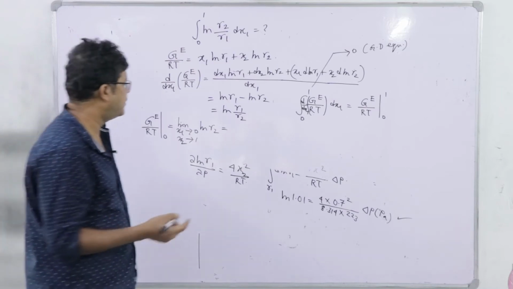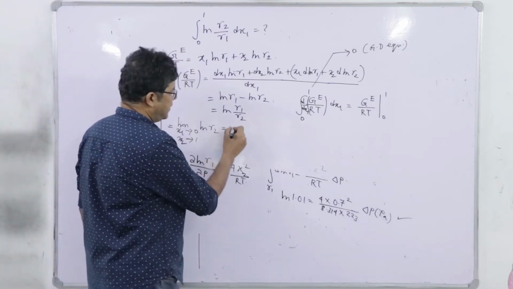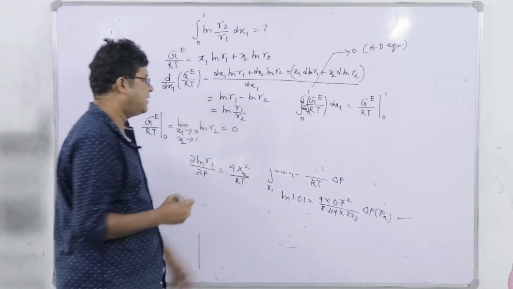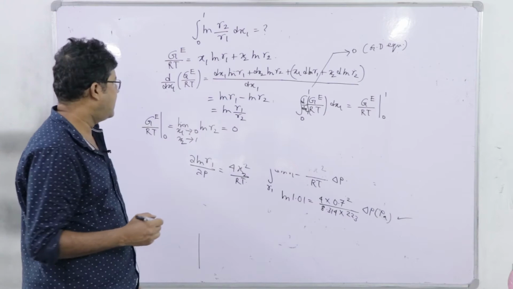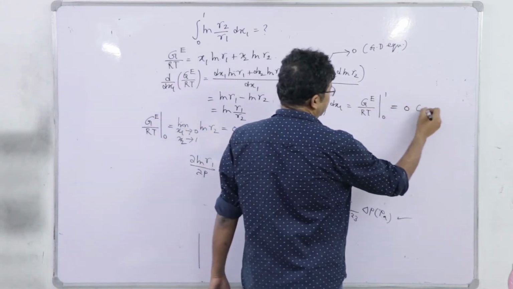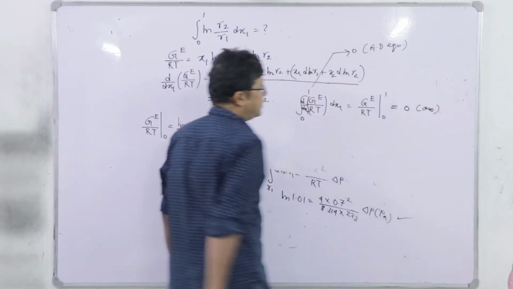It's a general universal property. So obviously when gamma 2 is 1, this is becoming 0, and the same will be true for x1 equal to 1, and as a consequence my answer is 0, right.